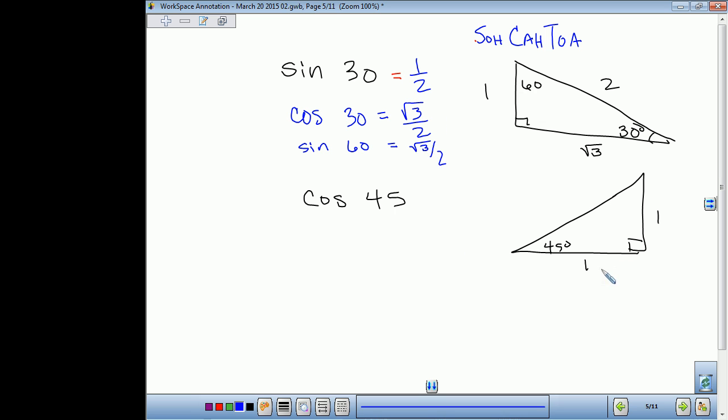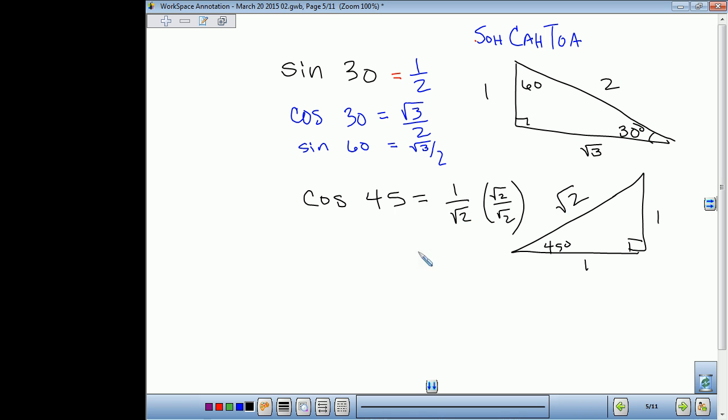All right, with our 45, 45, 90, if we did cosine of 45, it's adjacent over, and what is the length of the hypotenuse if this is 1 and 1? It's got to be the square root of 2. So cosine of 45 is adjacent, which is 1, over hypotenuse. Now we wouldn't leave a radical in the denominator, so we'd have to rationalize.